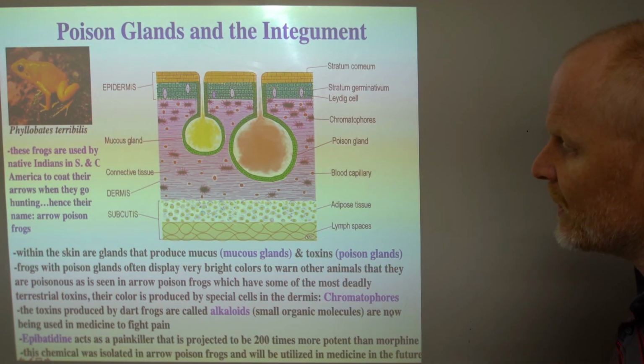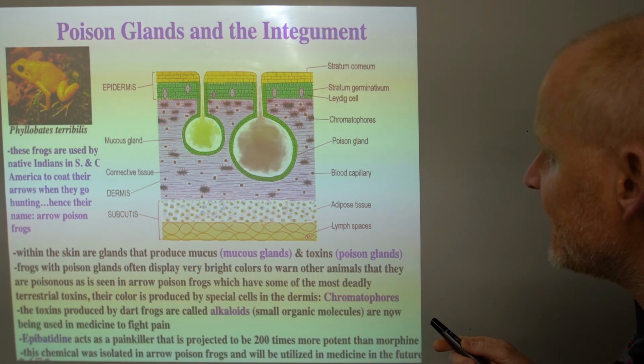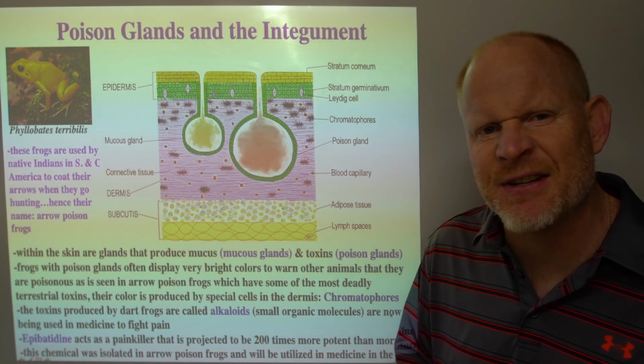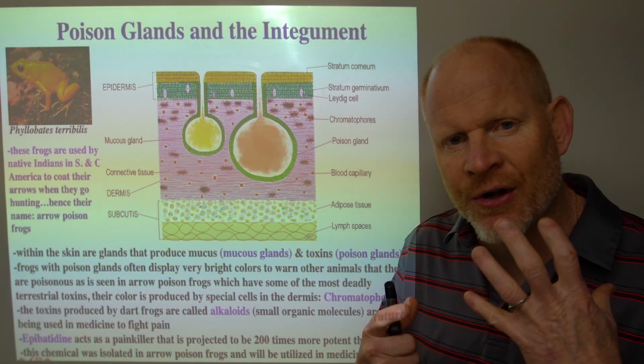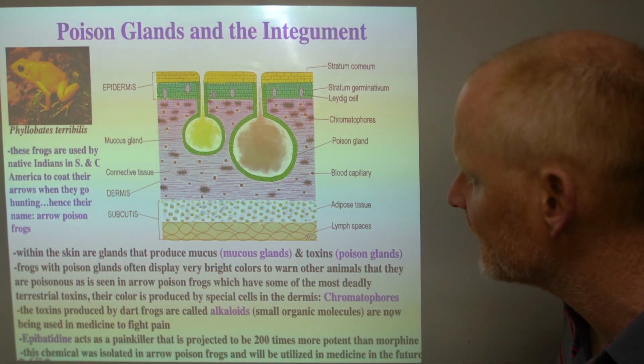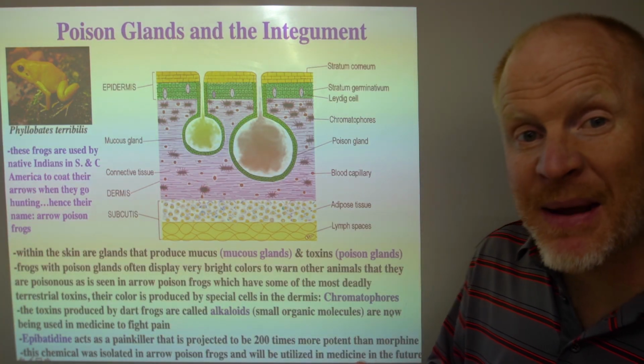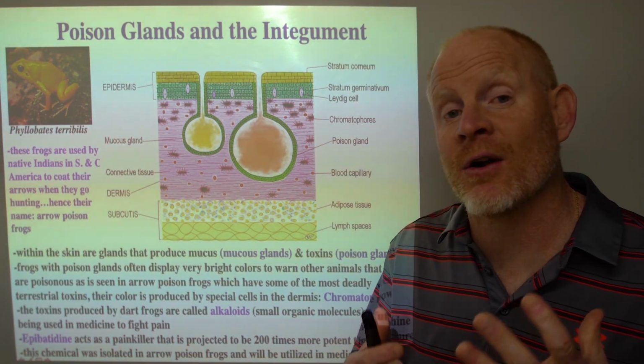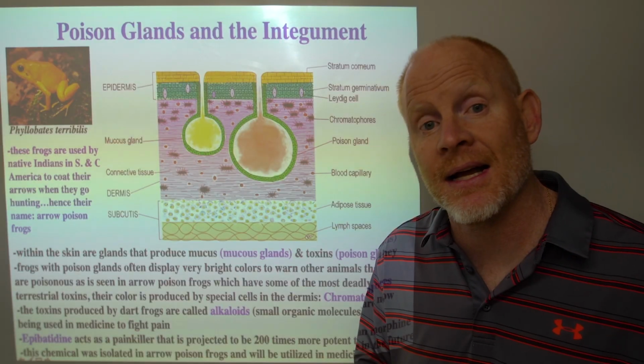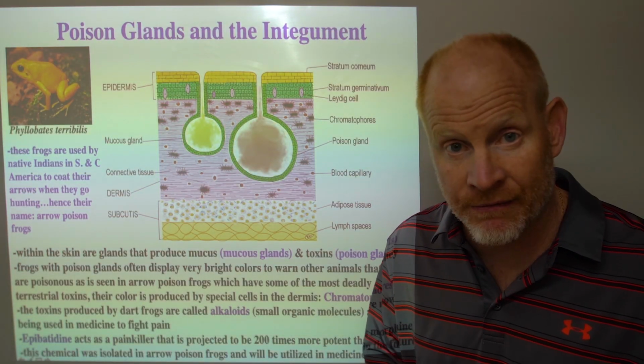As I mentioned, these poison glands can produce anything from a product that's kind of acidic that will burn your eyes or your mouth if it gets close to a mucous membrane, to something that tastes really bad, to alkaloids that are really toxic that mimic neurotransmitters like acetylcholine, for example.